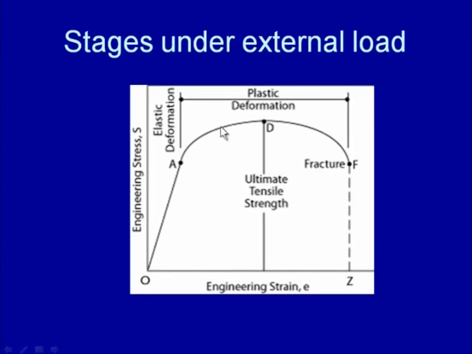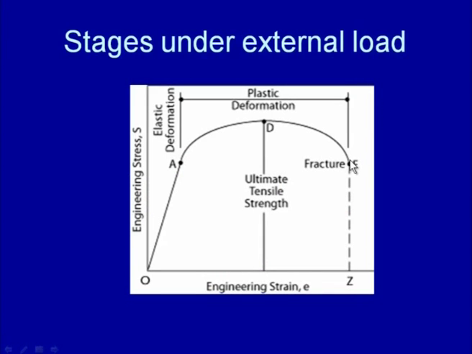But the application of the load beyond this limit causes permanent or plastic deformation, and this plastic deformation, if it goes beyond the acceptable limits, then also failure of the component can take place. And the third possibility is when the external load is too high, the stresses are such that fracture occurs. So, this is the third situation.